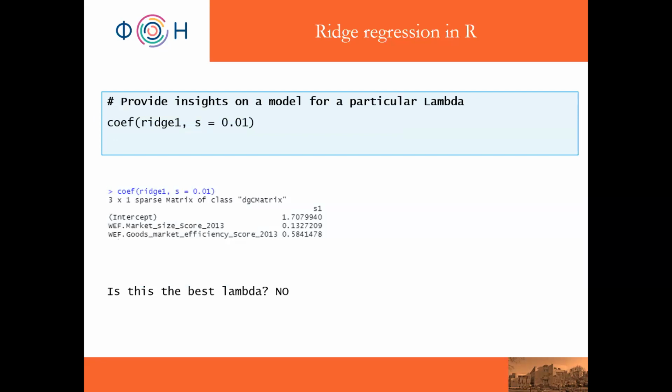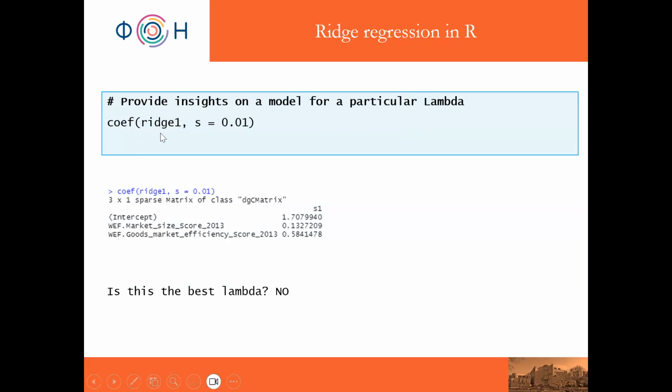We can now play a little bit with our model, and we can see what the values of our estimates are for a particular value of lambda. So let's try the function coef to see our coefficients.